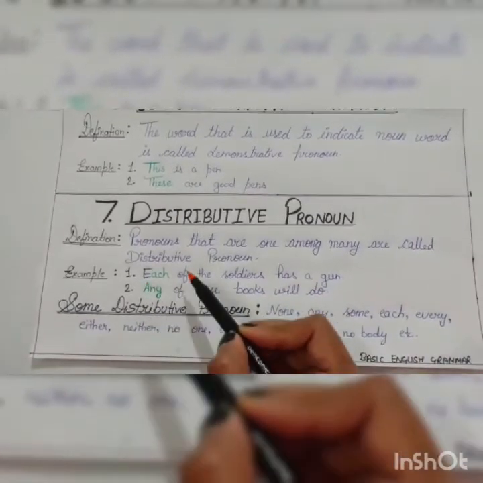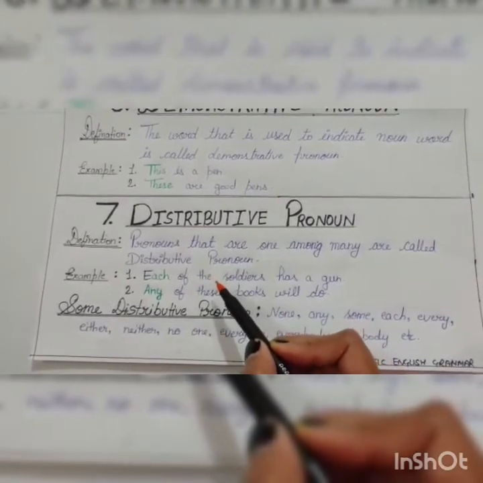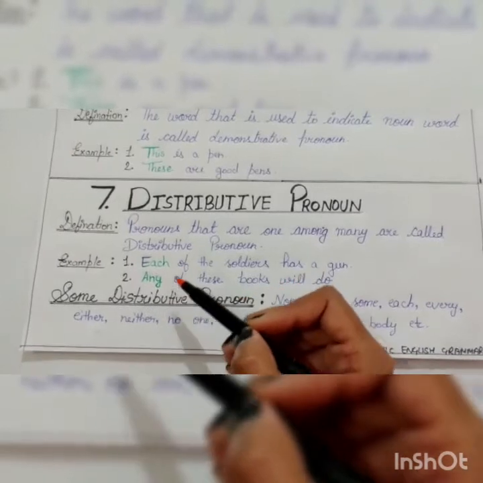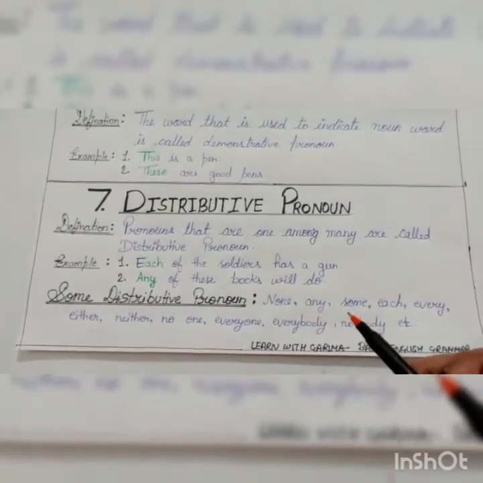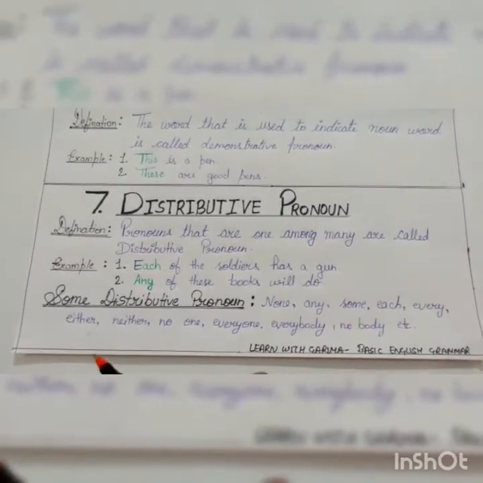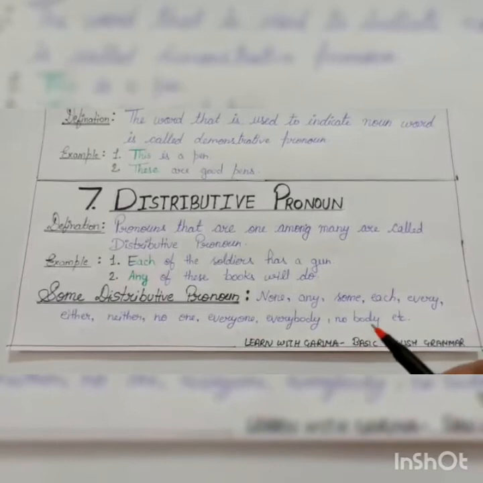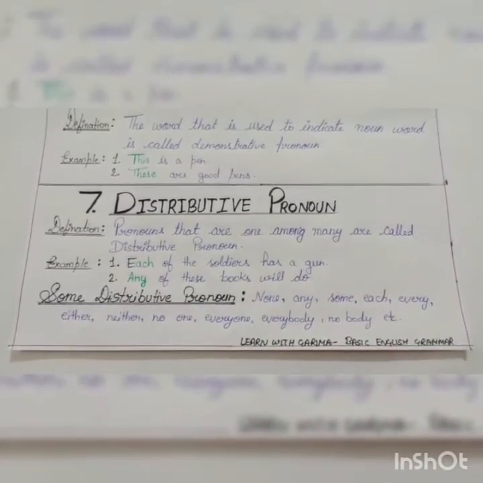Each is the word showing here that all the soldiers have a gun. So each is a distributive pronoun. We have some distributive pronouns like none, any, some, each, every, either, neither, no one, everyone, everybody, nobody, etc. These are our distributive pronouns.